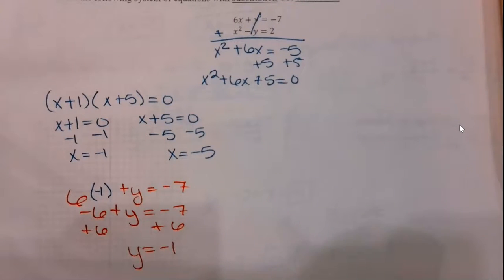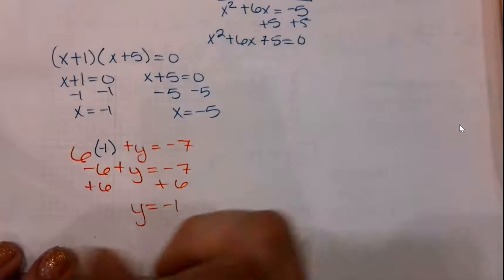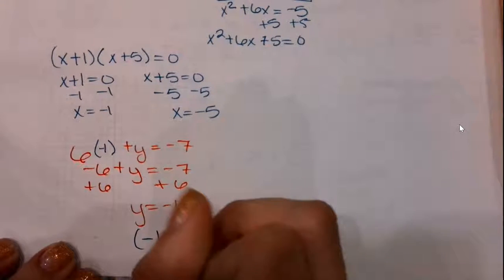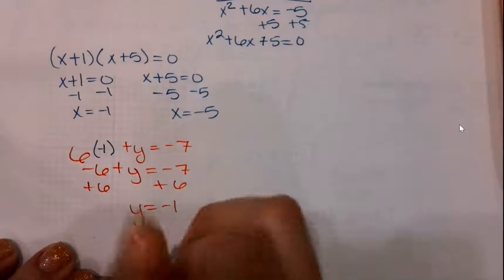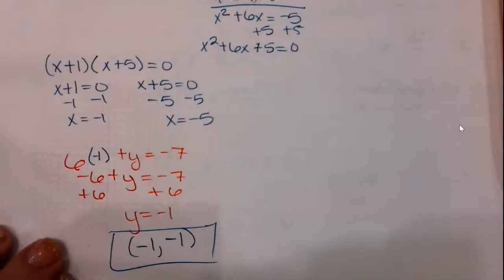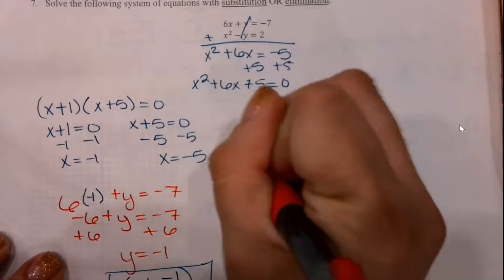So my first coordinate pair for my answer is going to be negative 1, because that's the number I plugged in, and then comma negative 1 again, because that's the number I got out when I plugged into the equation. So it's the first one. Then I'm going to plug in negative 5 for x.